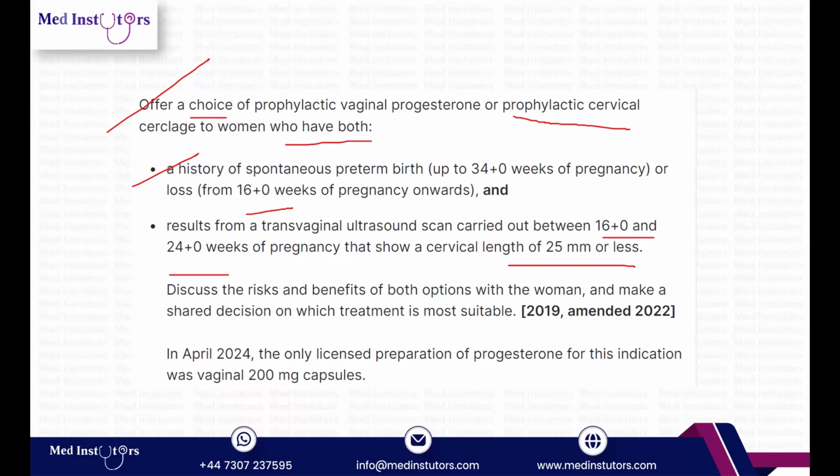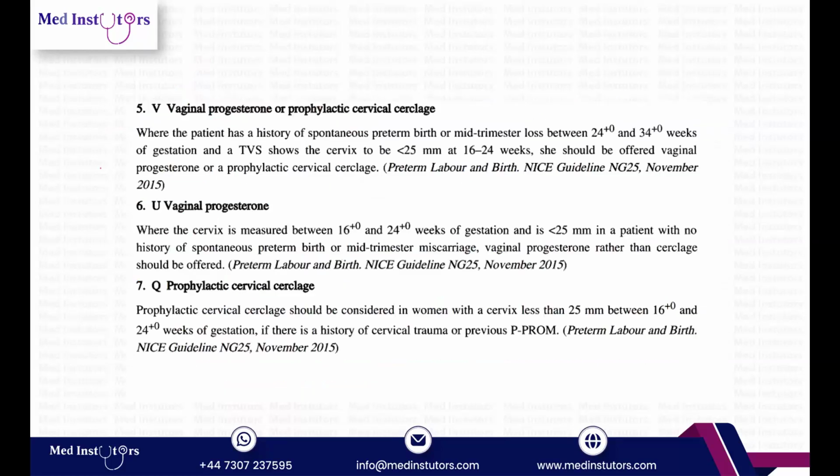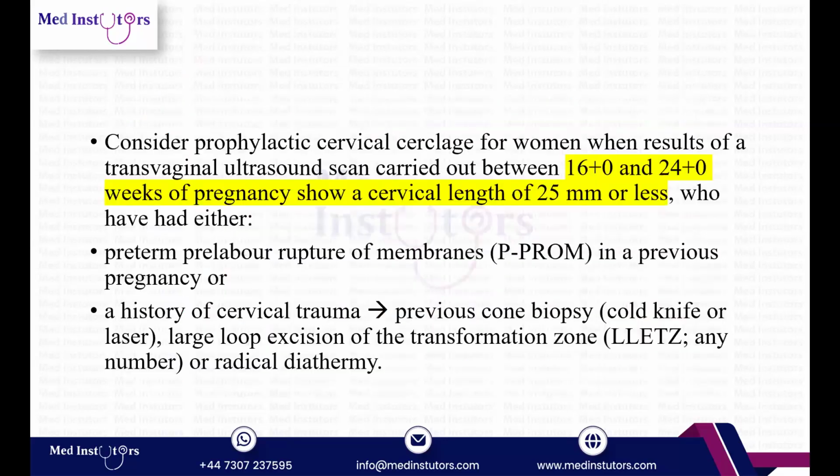Discuss the risks and benefits of both with the woman and make a shared decision on which treatment is most suitable. Right? Latest guideline. So the correct answer here is vaginal progesterone and prophylactic cervical cerclage. The next one was the primigravida who had a short cervix on USG. So this is again the same thing, that consider prophylactic.